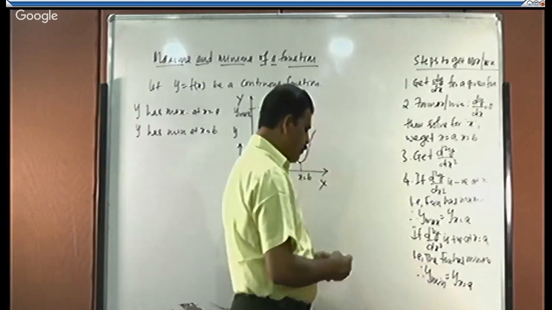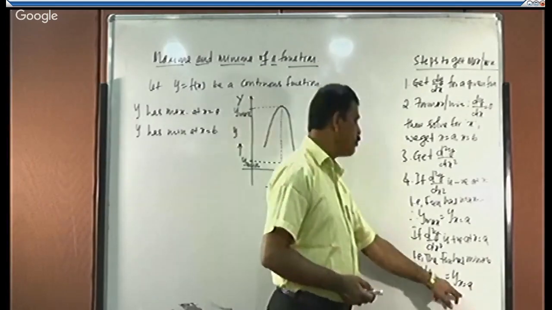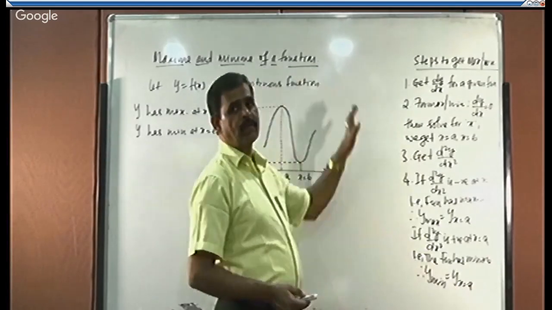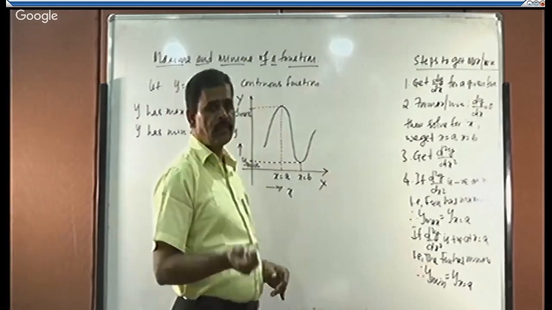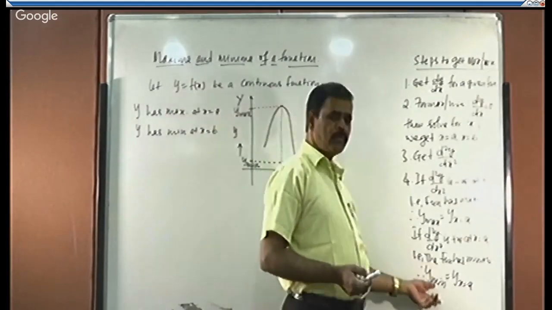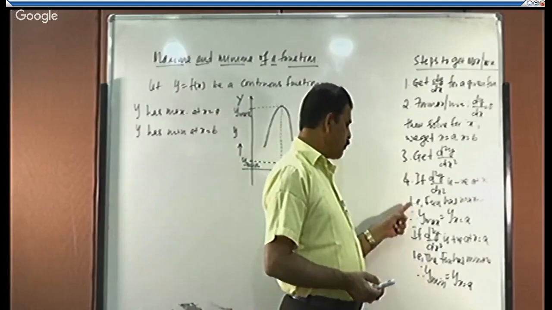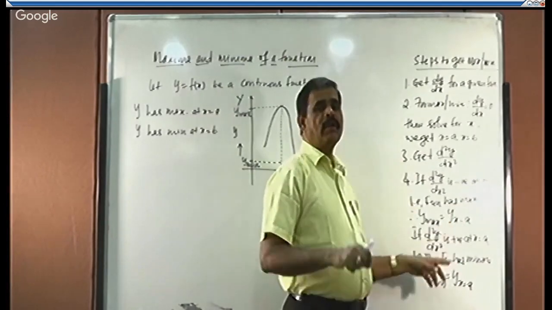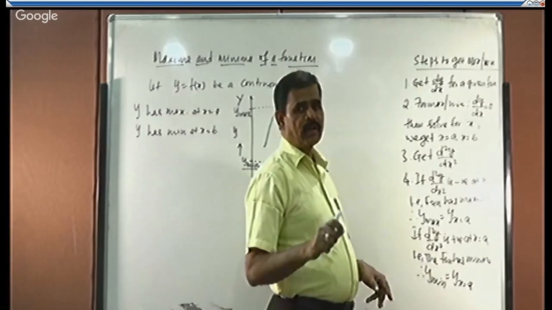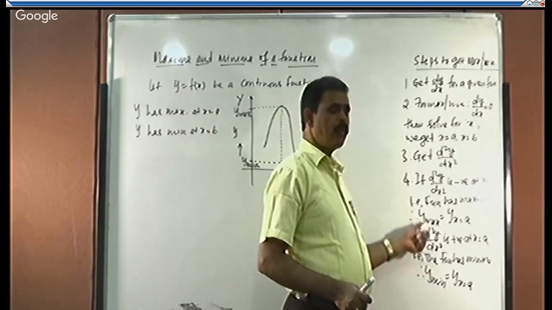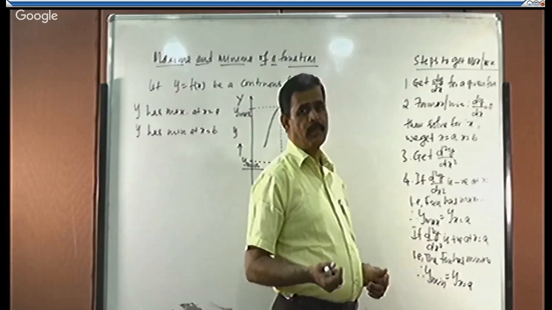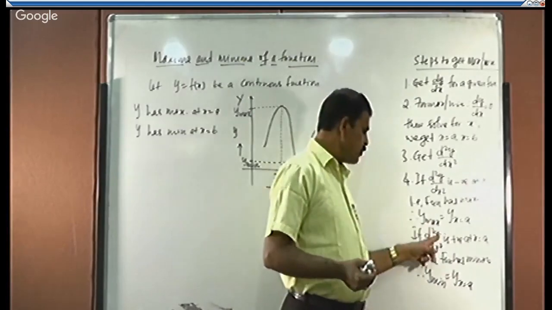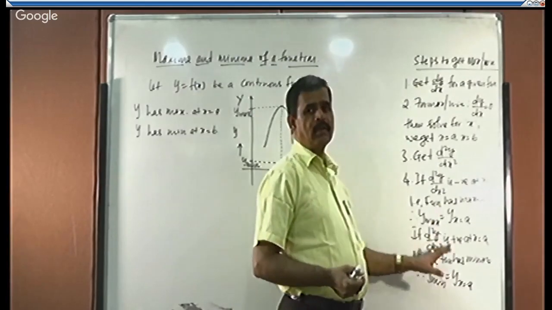The value of x, that is a, should be substituted in the given y. So that gives you the maximum value and minimum value. For x is equal to a, if you get d square y by dx square negative, definitely for x is equal to b, d square y by dx square will be positive.